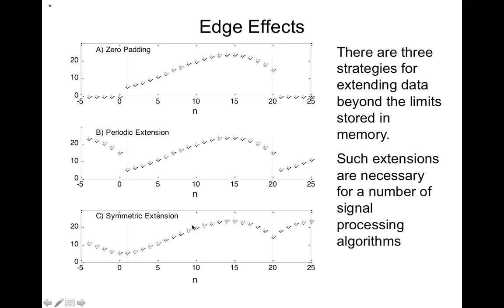And sometimes you will do that to minimize abrupt discontinuities in the data points at the end of the data record. So you notice here at n equals 20, in these first two examples, we have this abrupt jump in value between 20 and 21 that's actually not physically real.